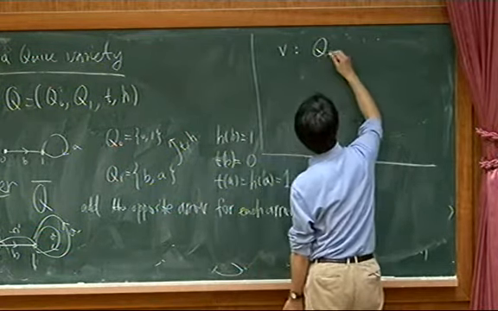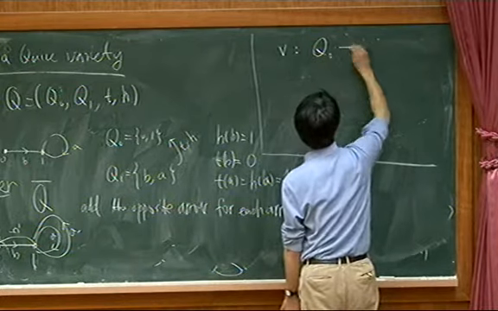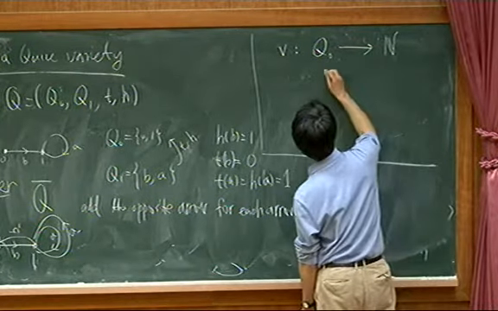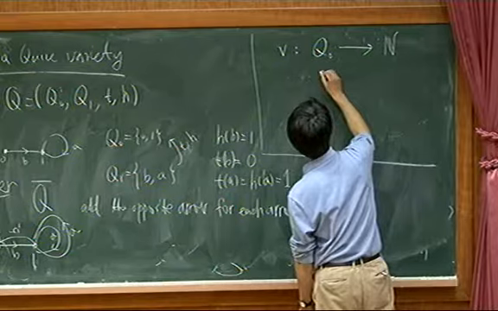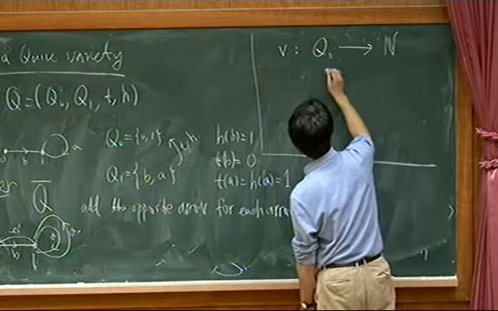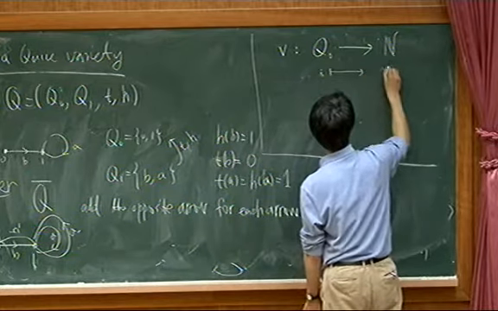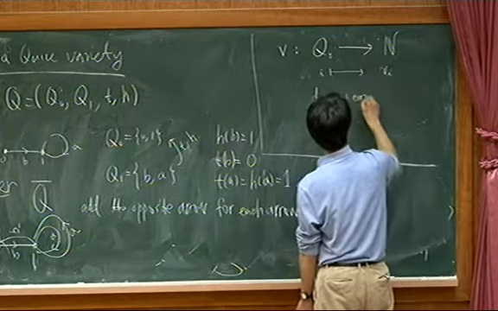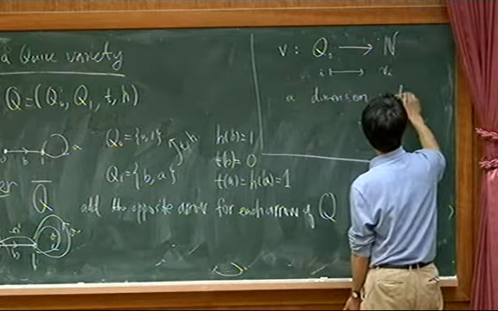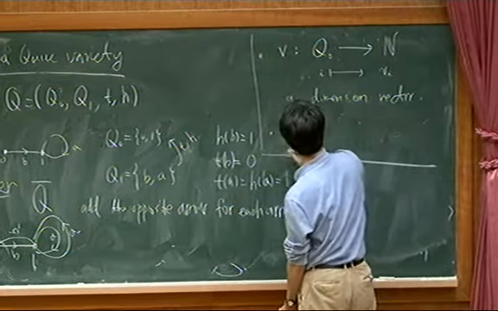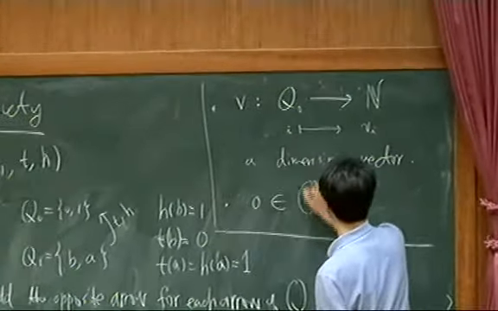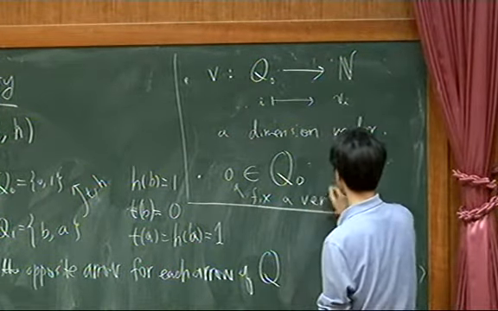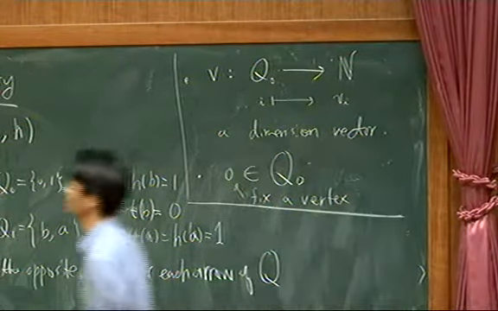For each vertex, let's assign a non-negative integer, for vertex i, just v sub i. This will be called a dimension vector. And let's also fix some distinguished vertex.